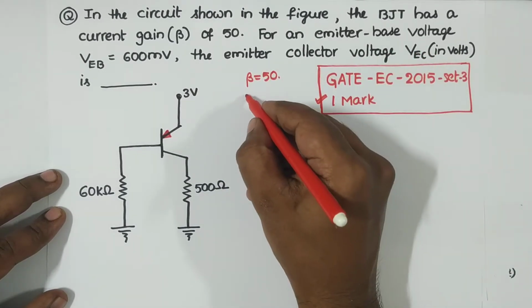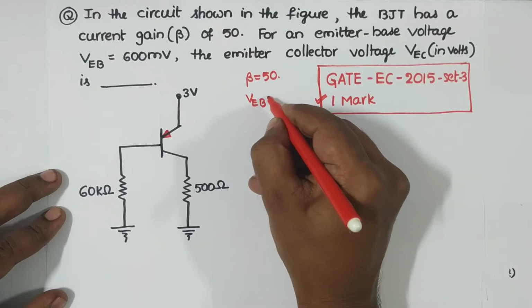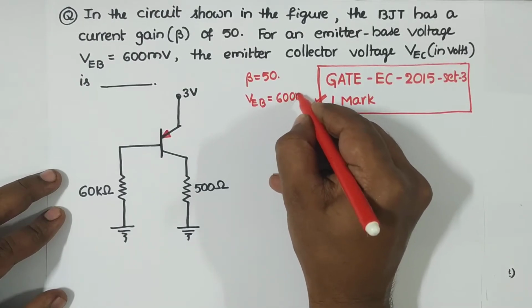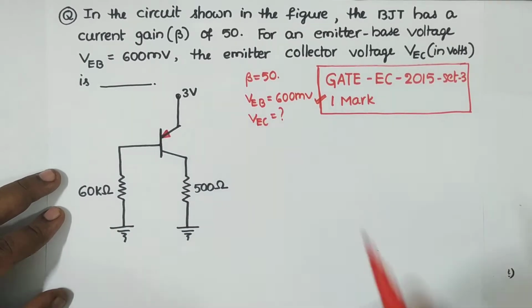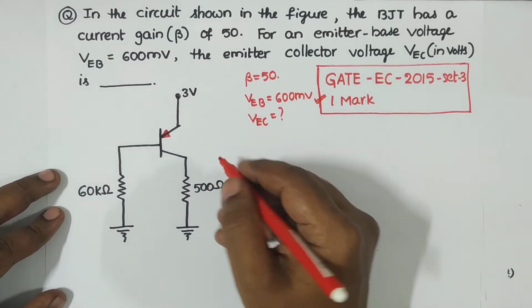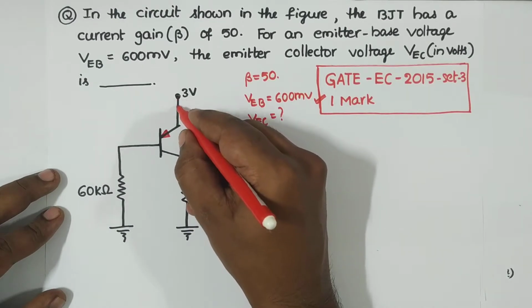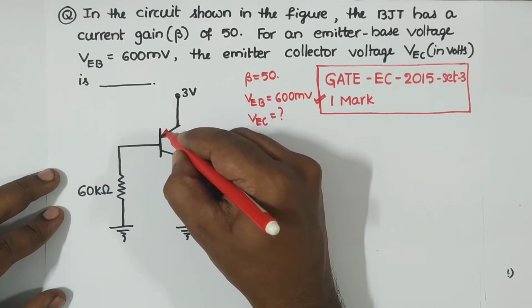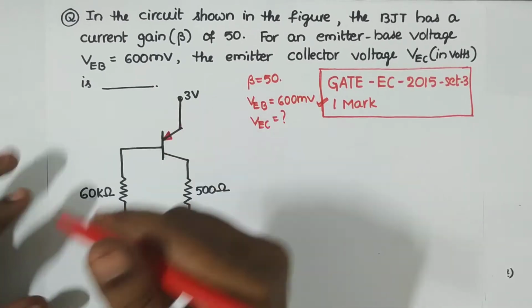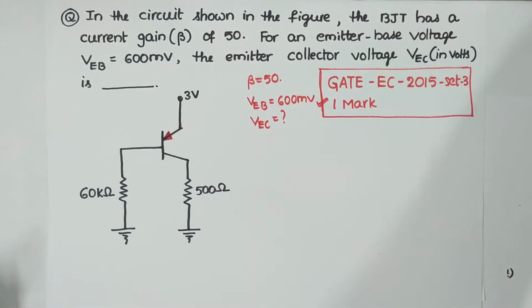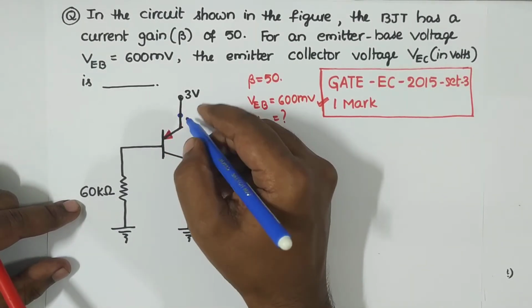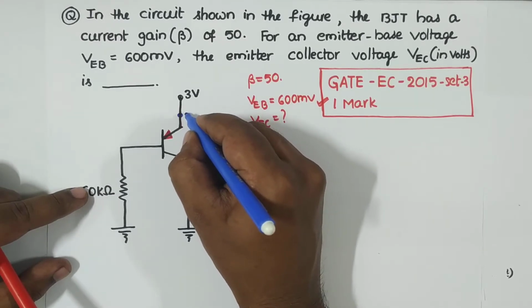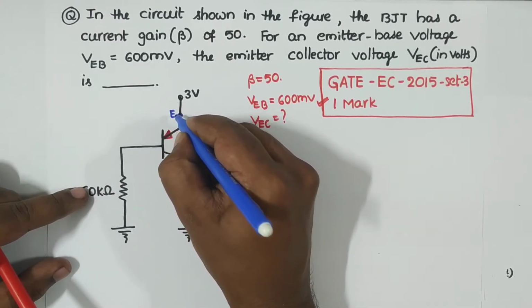So there is no big deal. First of all, VEB is given to you as 600 millivolt, and he is asking us to find VEC. To tackle this, it is very simple. Wherever the node is nearer to this arrow, which shows current direction, is the emitter.